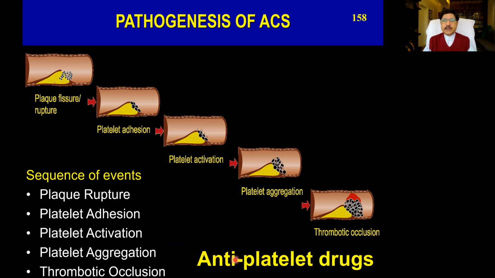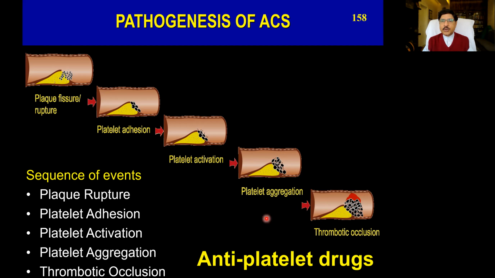Thrombolytics are drugs which you use to dissolve what is already formed, isn't it? Antithrombotics are your heparin and all that. This has occurred, but let it not progress to this side. So give heparin and other antithrombotics or anticoagulants to see that this doesn't progress here.